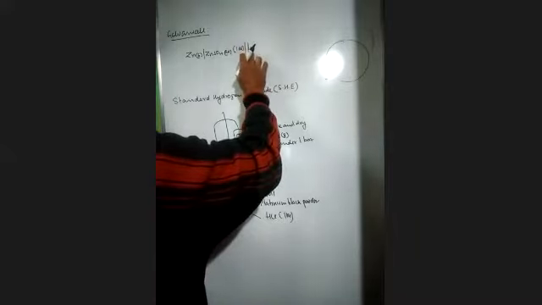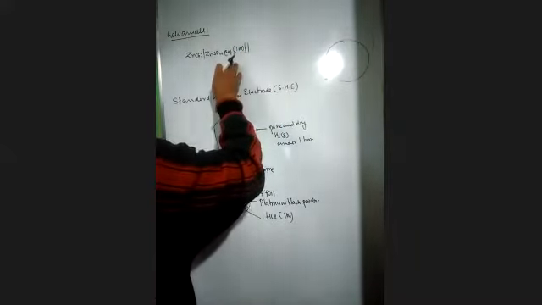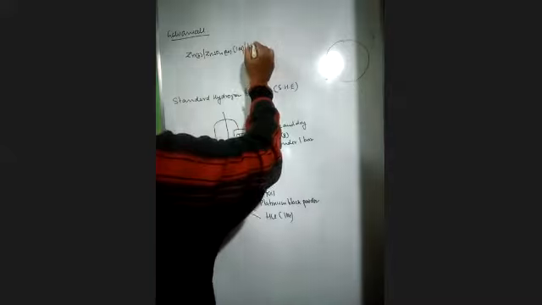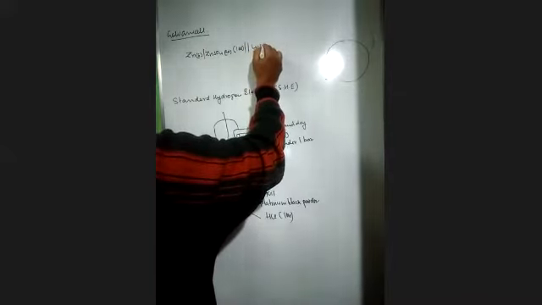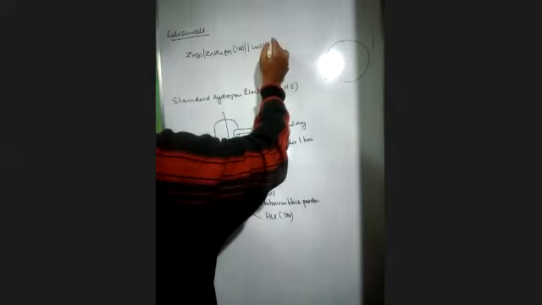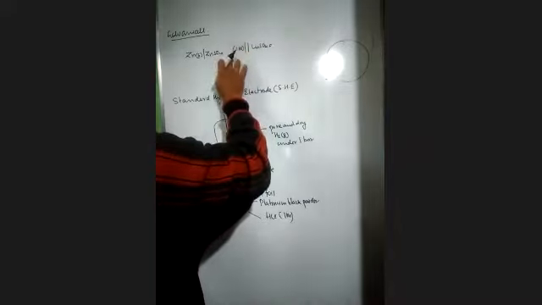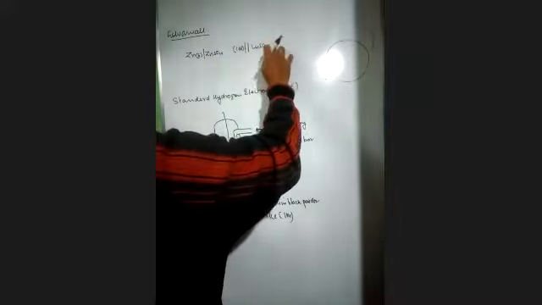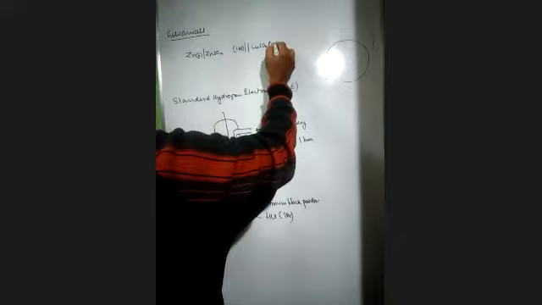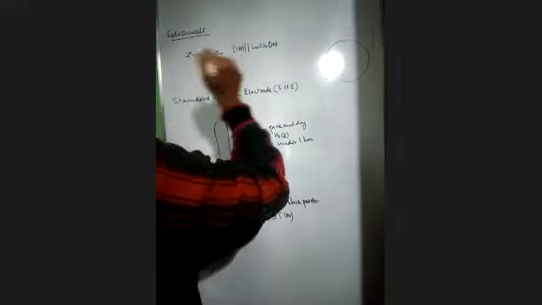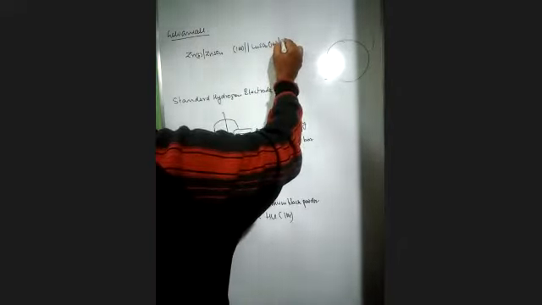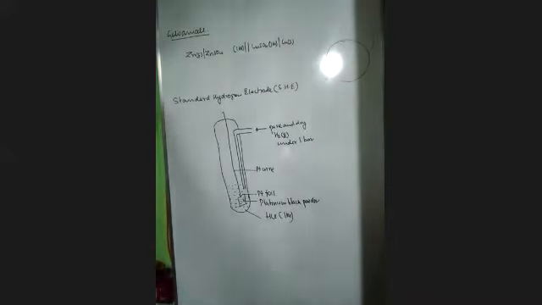Then after the salt bridge, it is dipped in zinc sulfate solution on one side and copper sulfate on the other. So it is copper sulfate. I need not write aqueous because it is already known. So 1 molar. Then what do you have here now? Copper.